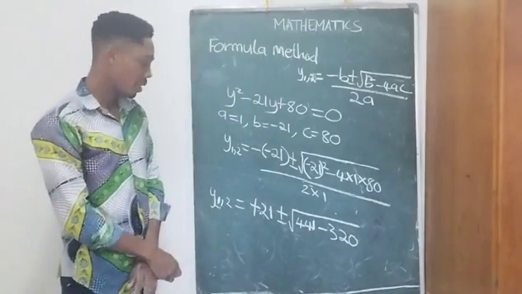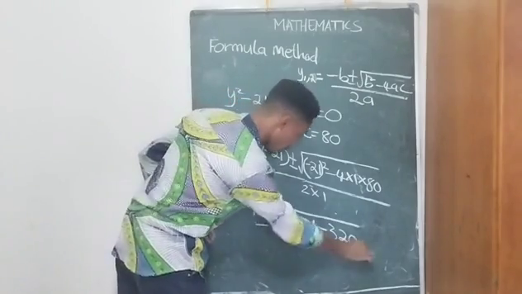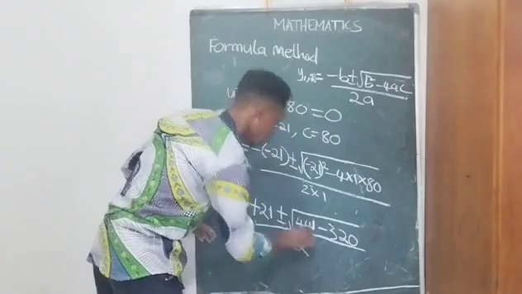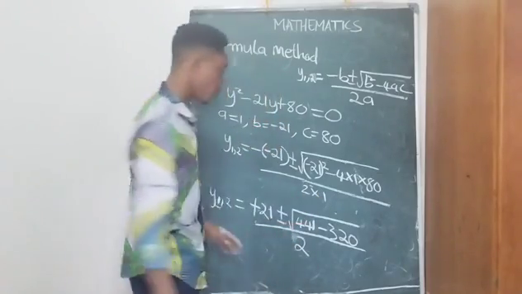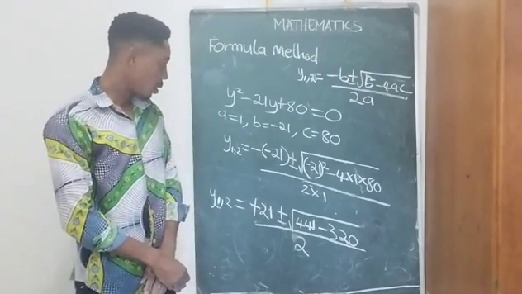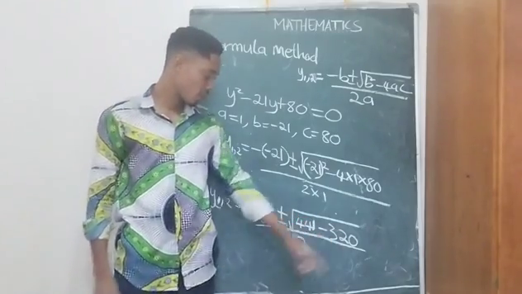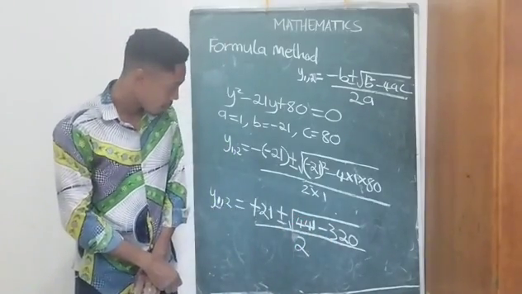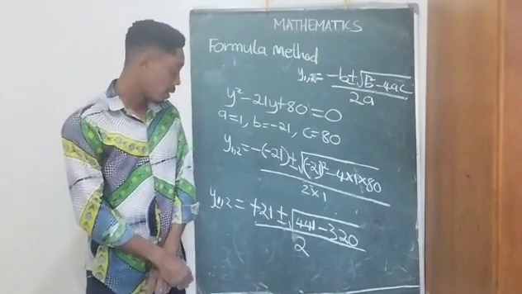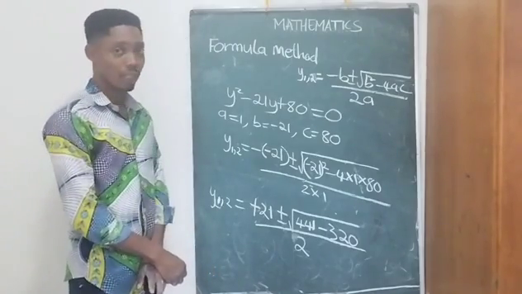Minus 320. And 2 times 1 gives you 2. This will become 441 minus 320. That should give you 121. All right. If you punch that up, you're going to see that.